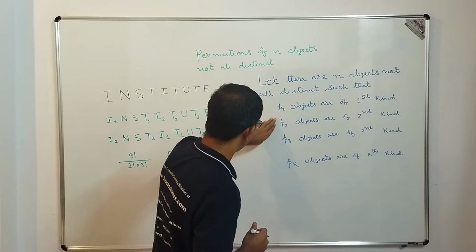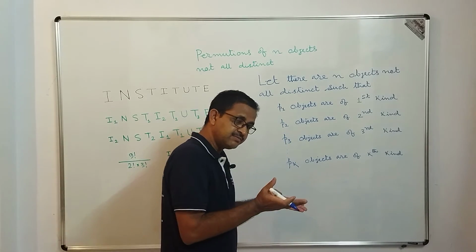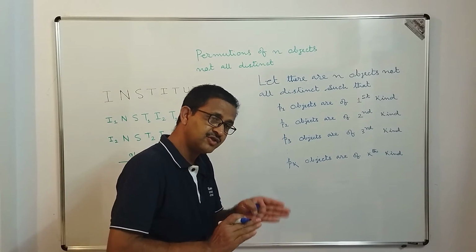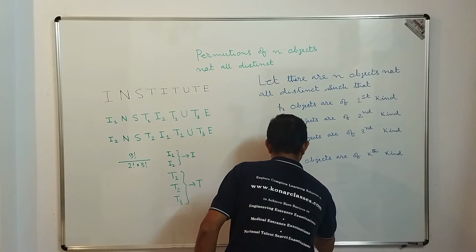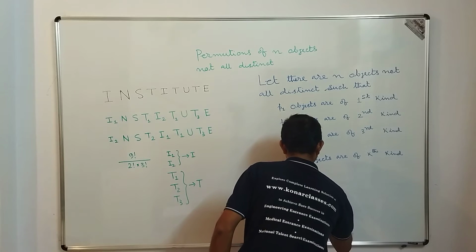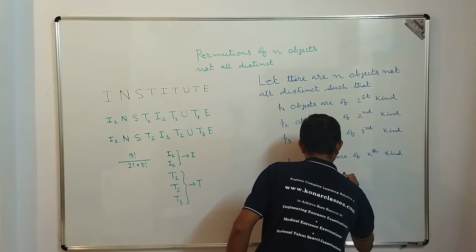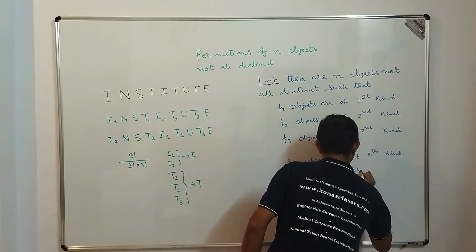Now, apart from P1, P2, P3 up to Pk, if some objects are left, then they are all distinct. Rest all are distinct.